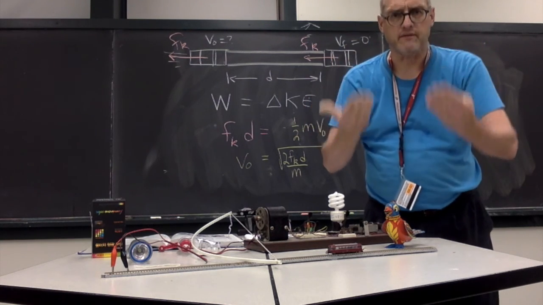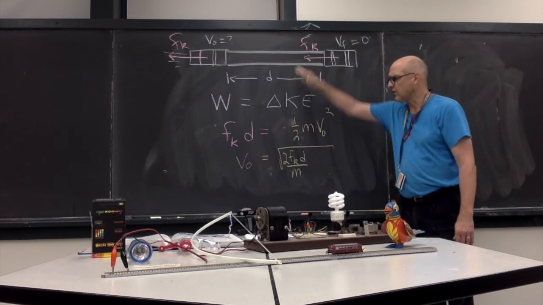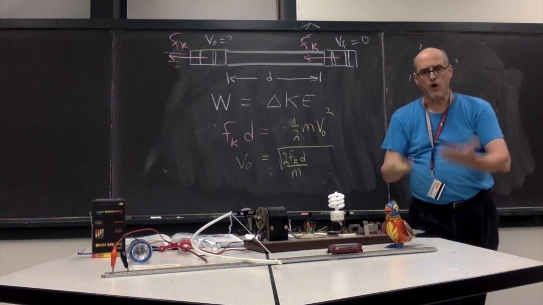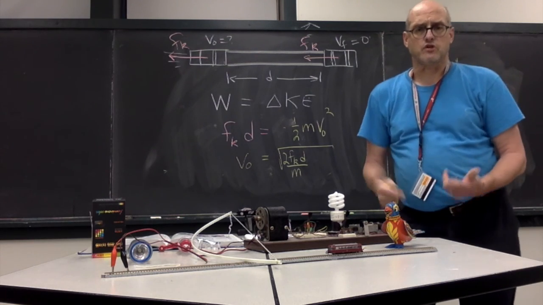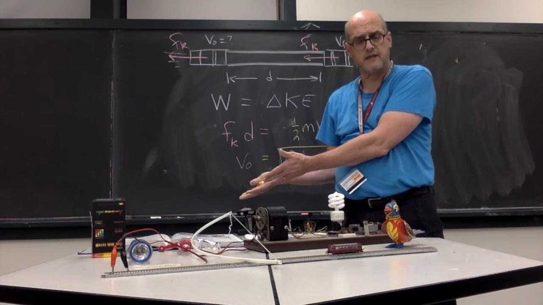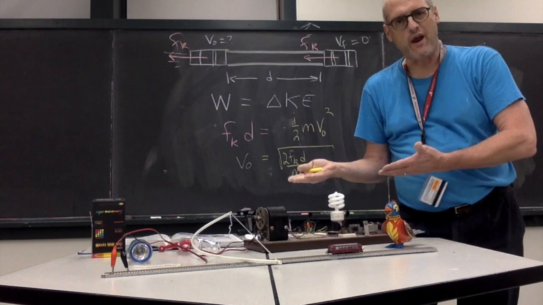Once they know that, they can apply that to the car itself. So the kinetic friction that acts on the car is equal to this coefficient that we figured out using the drag sled multiplied by the normal force or the weight of the car.